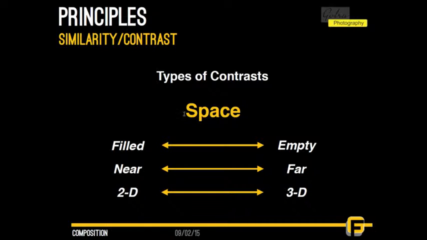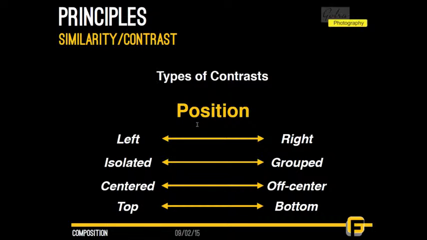So, types of contrast. There is space, which can be filled or empty, something near or far, something 2D-ish or 3D-ish. In position, you can put something on the left and balance it with the right. Isolated or group: you have one item or a group of items.